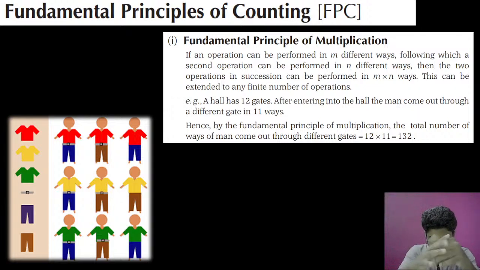Before you start permutation and combination, you must know the fundamental principles of counting. In the fundamental principles of counting, you have two ways: one is the fundamental principle of multiplication and another one is the fundamental principle of addition.